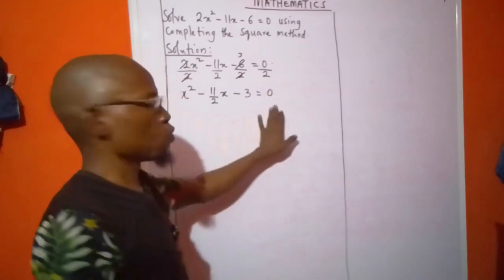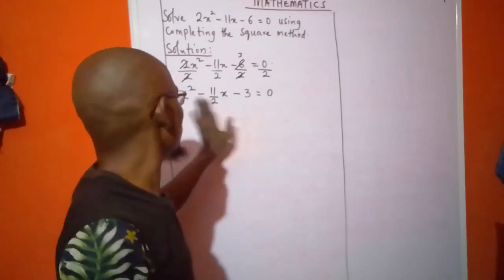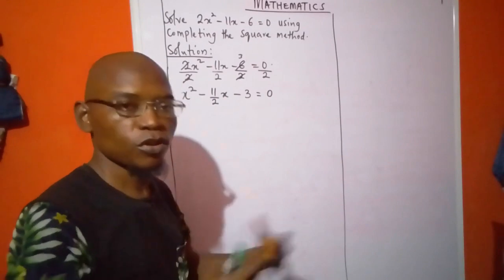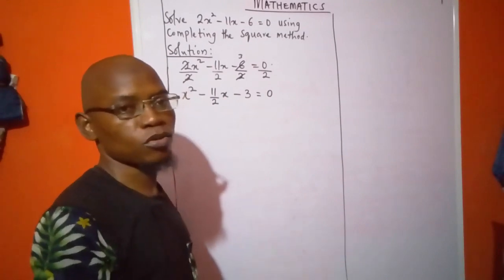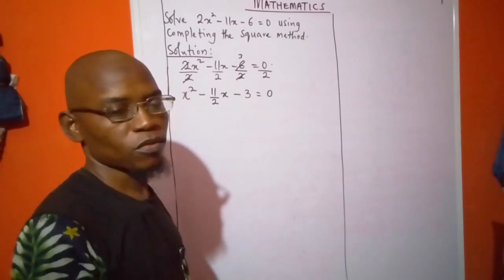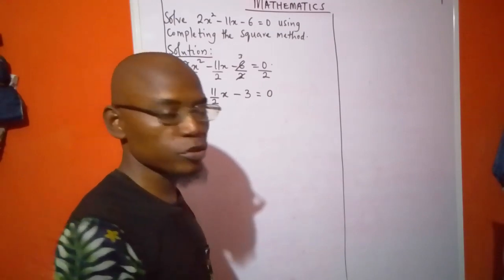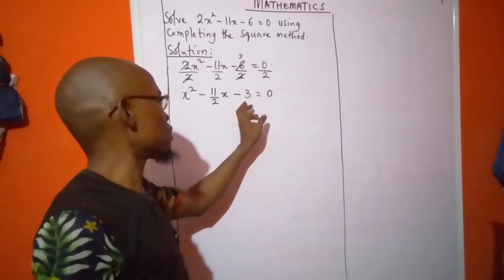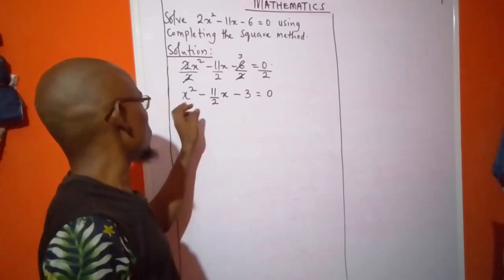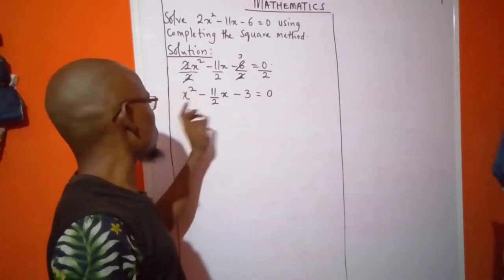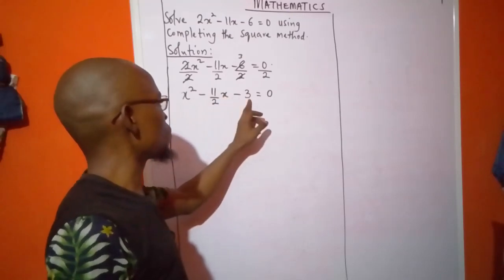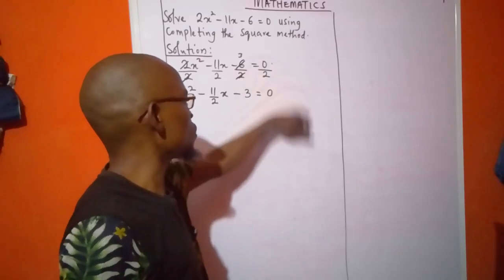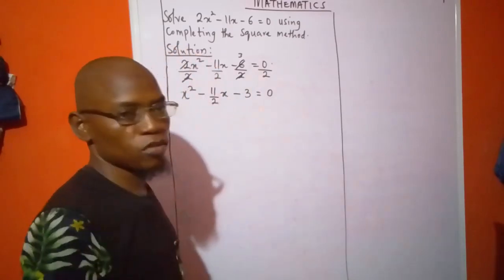Since we've simplified this and the coefficient of x squared is 1, we can now go to step 2. Are you with me? What does step 2 say? Step 2 says that the constant, looking at this, you have an x here, you have an x here also, and this one doesn't have x. It means the constant, take it to the right hand side of the equal sign.